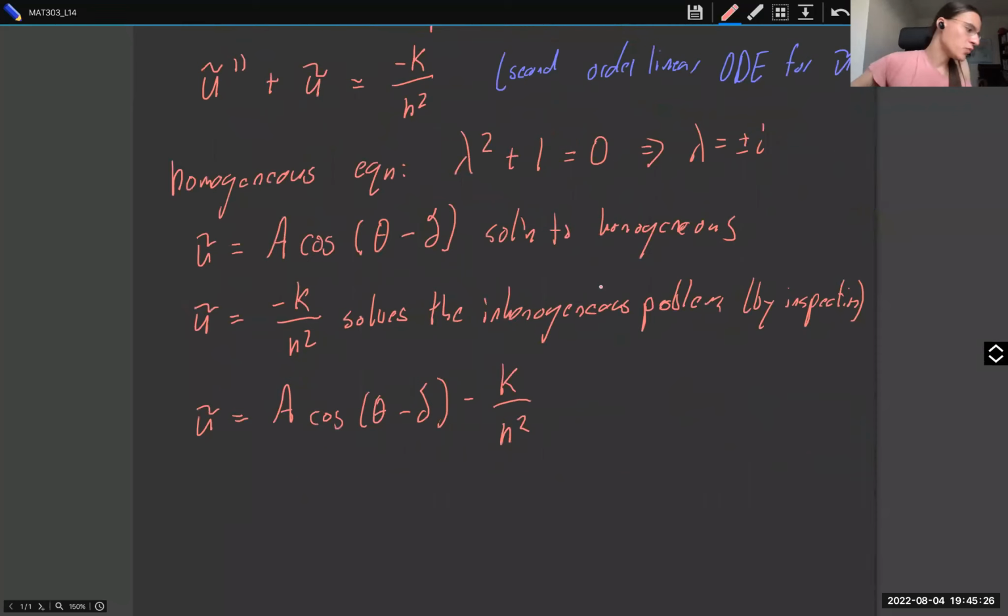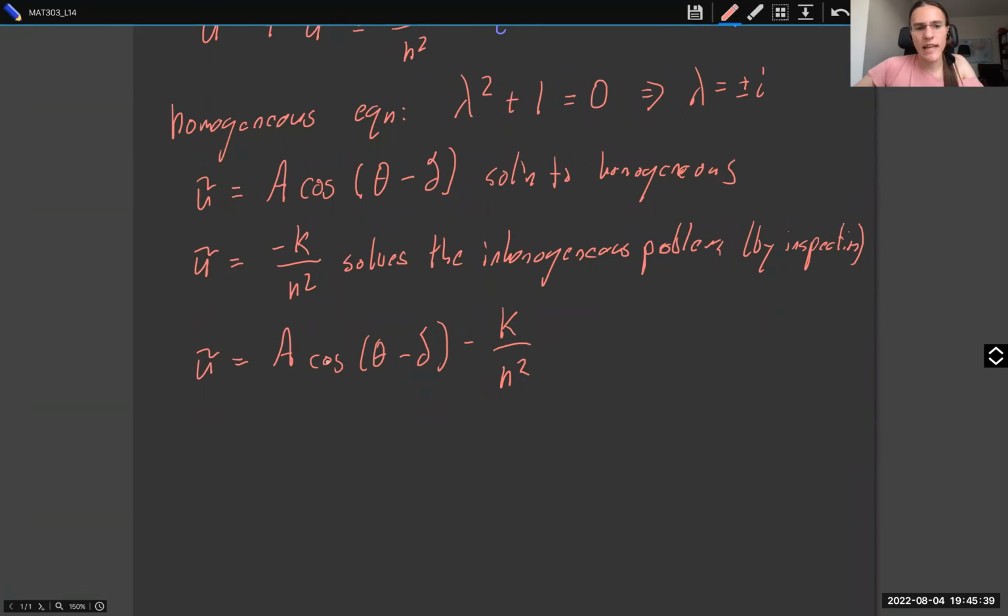Now we are going to rename these things. So what we're going to do is we are going to let A be equal to e, this is going to be called the eccentricity, times k over h squared.